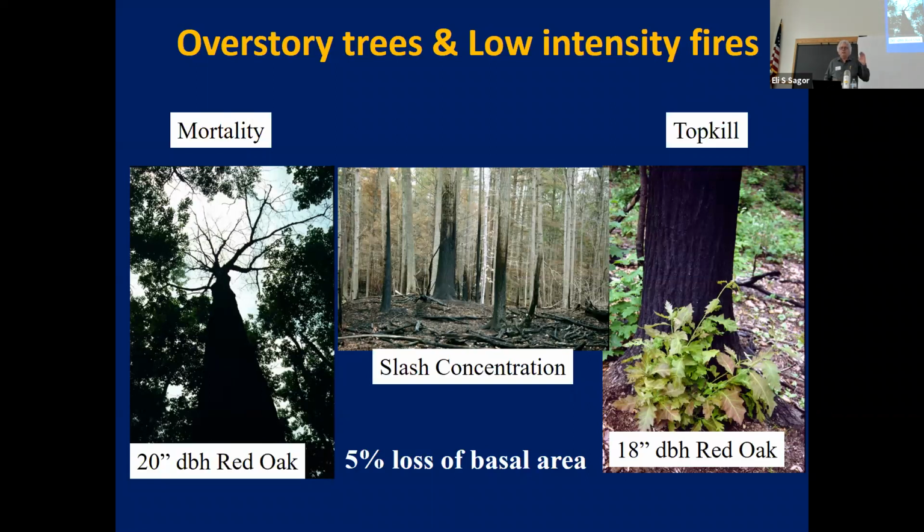So you can either use this to your advantage, or use this knowledge to protect the trees you want to survive the prescribed fire. If you've had some kind of thinning or any natural disturbance that creates activity fuel slash on the ground, you can move that away from your desired crop trees, or you can pile it up around the trees you want gone and use that to your advantage.